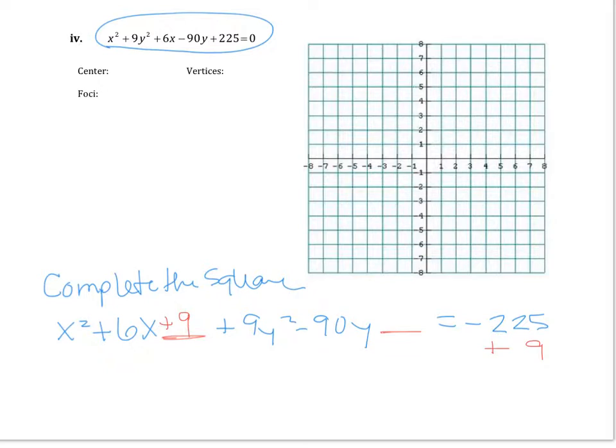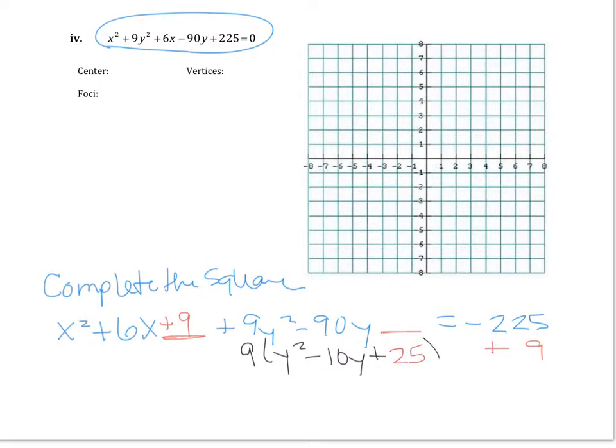And to complete the square on the y's, it's a little trickier, because we've got to actually factor this 9 out. So we've got 9 times y squared minus 10y plus, now we're going to complete the square on this here, right? So we're going to use the negative 10 to complete the square. So we're actually going to add 25 to complete the square.